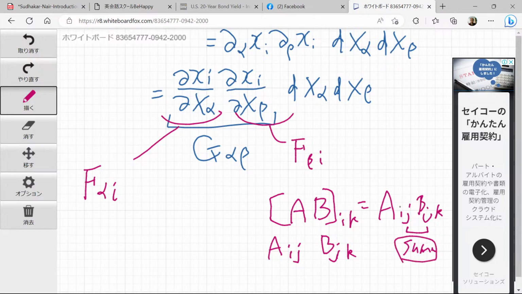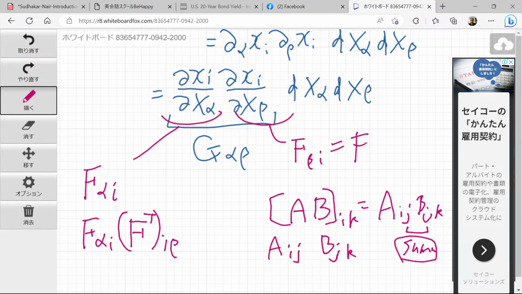And considering this rule, you can write this F alpha i as F transpose i alpha, and this one is F transpose i beta, right?